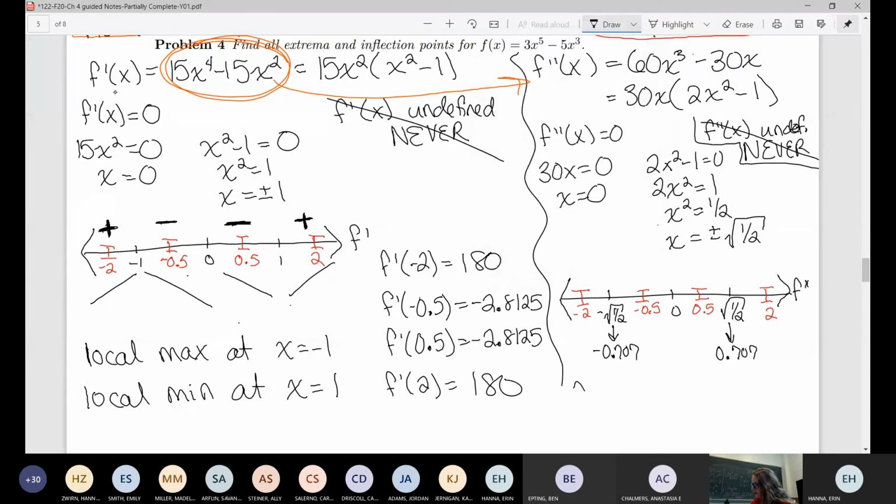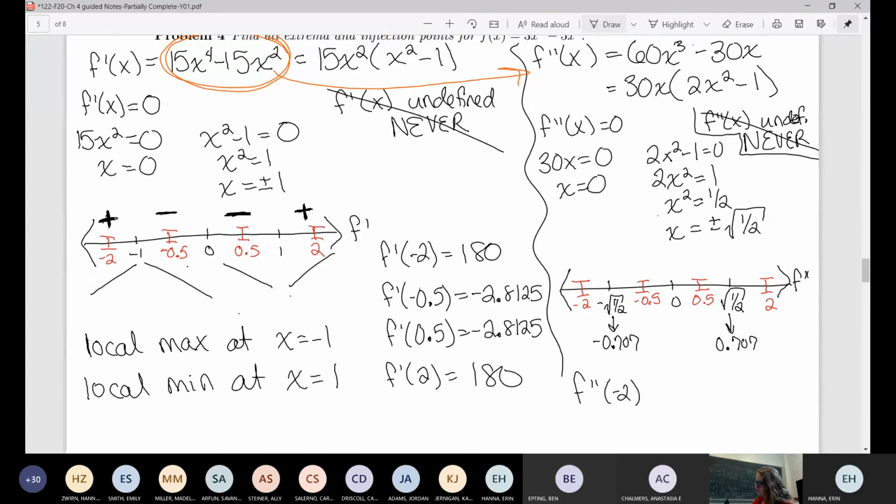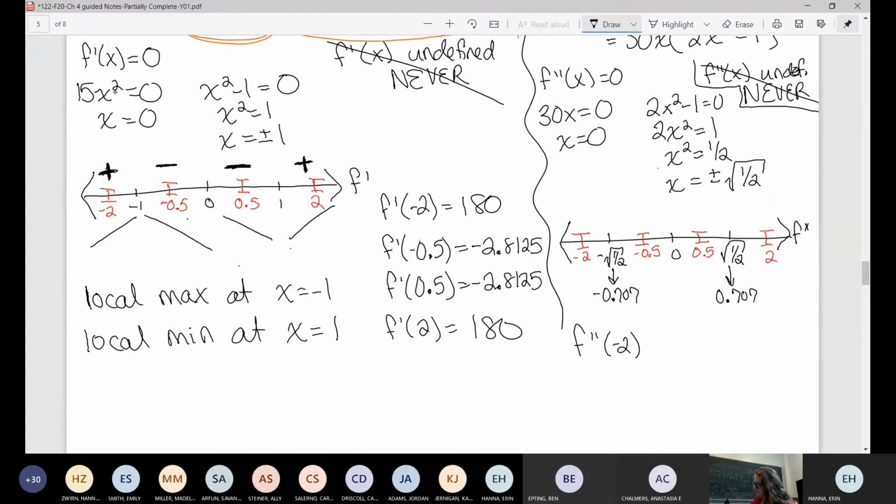Plug them into the second derivative. Again, we're running a little short on time, so I'll just tell us what it is.